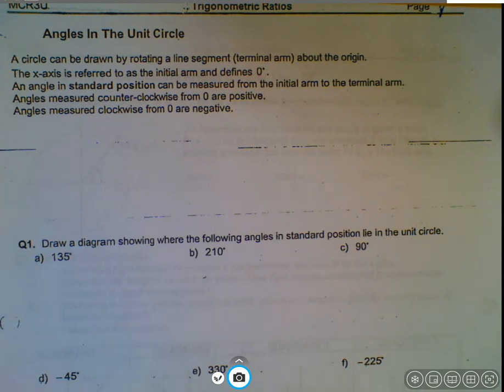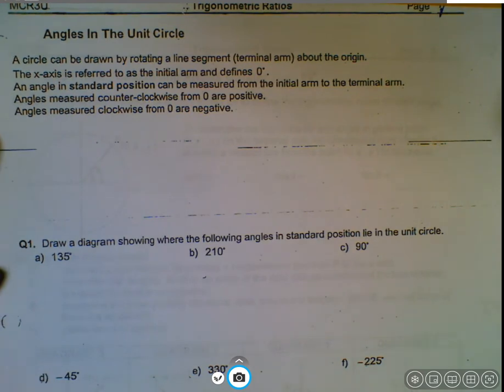But in grade 11, we actually go a lot further. So pay close attention. This part of the unit has a lot of new vocabulary, so I'll be writing down the new words as I use them. And then hopefully if you get used to the vocabulary, this whole topic will make more sense to you.